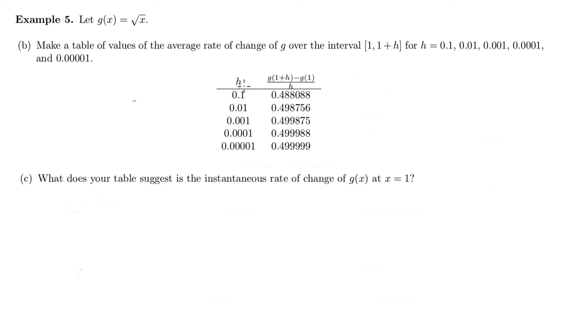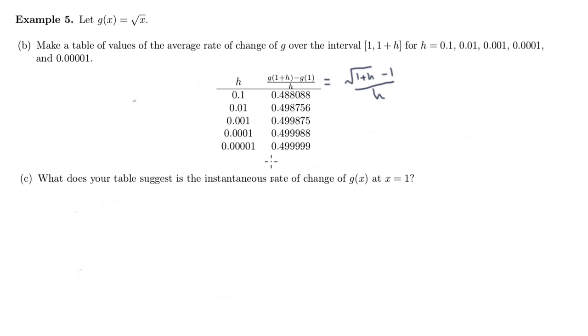So here we have these values of h, and recall that this was just the average rate of change of this function over the interval 1 to 1 plus h. And then for all these different values of h, I just plugged those values into what we got. So remember, we got square root of 1 plus h minus 1 over h. I plugged in h using a calculator and got these numbers.